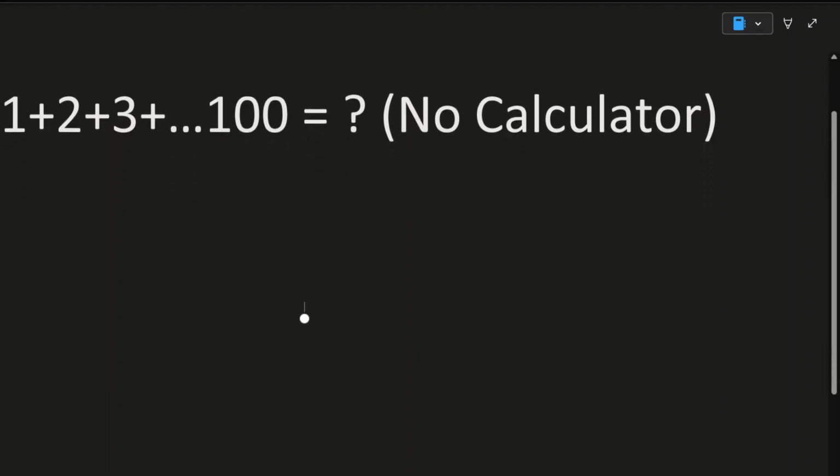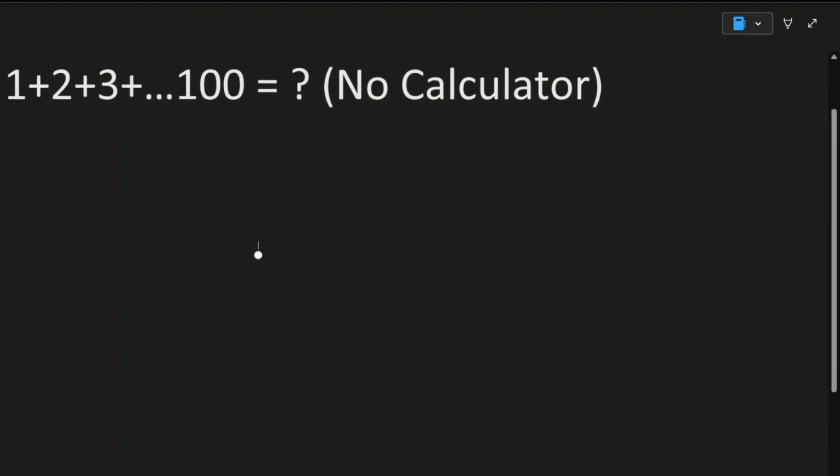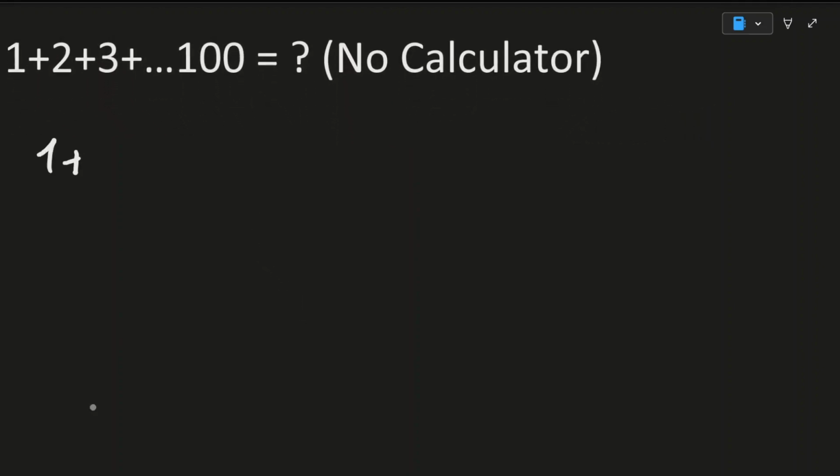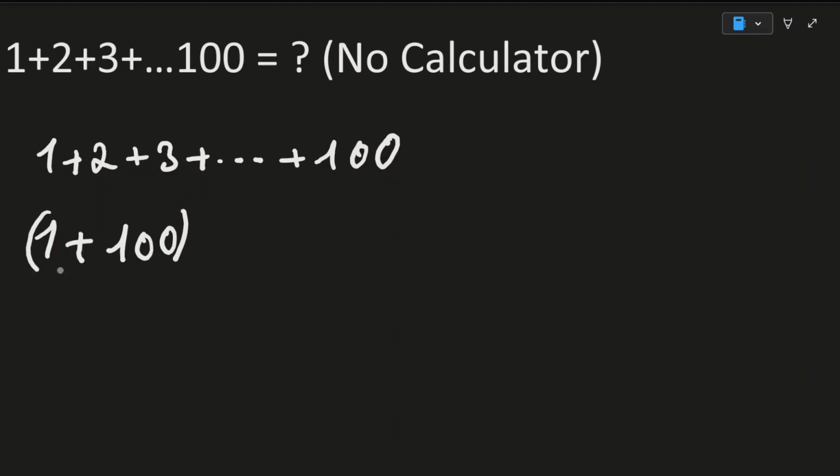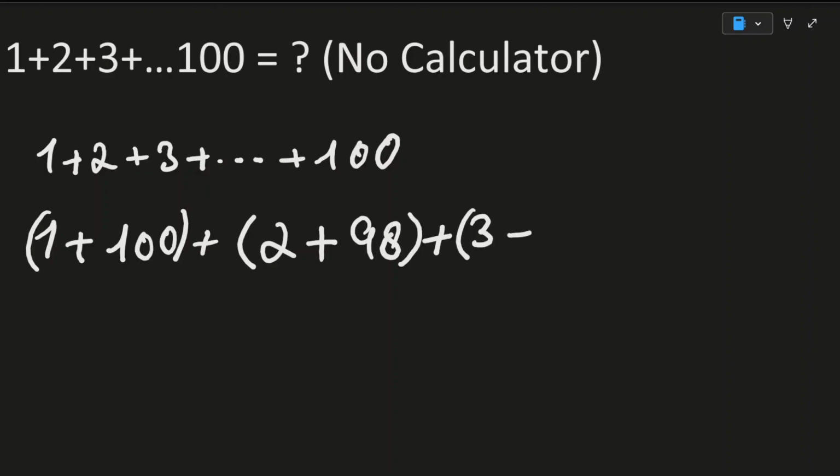So let's start. We have here 1 plus 2 plus 3 up to 100. So we can write every two numbers as a pair. We will choose the first one and the last one, and then we will choose the second one and the second last one, and then we will choose the third one and the third last one, and so on.